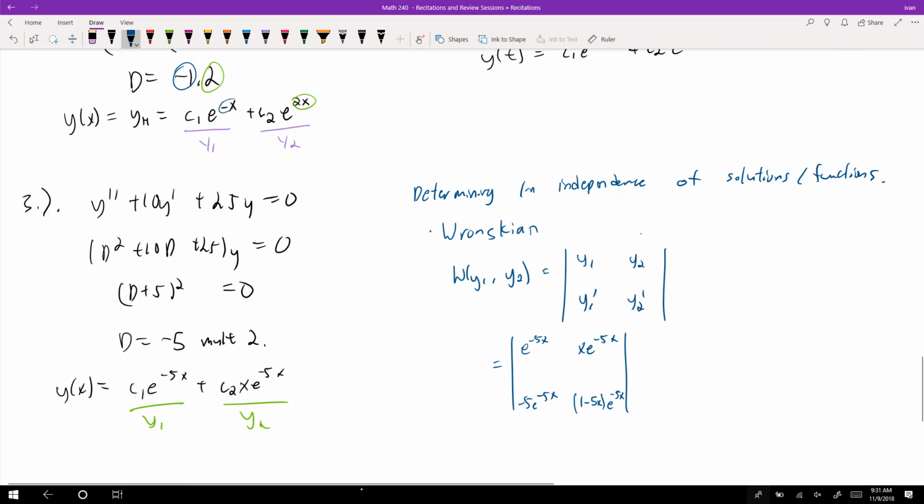Now we take this determinant and we get, for the first diagonal, (1 minus 5x) times e to the negative 10x, because when you multiply e to the whatevers, you add the exponents together. Then you subtract negative 5x e to the negative 10x, that's the diagonal going the other way.